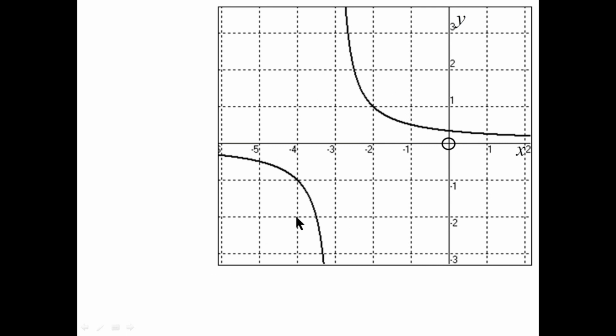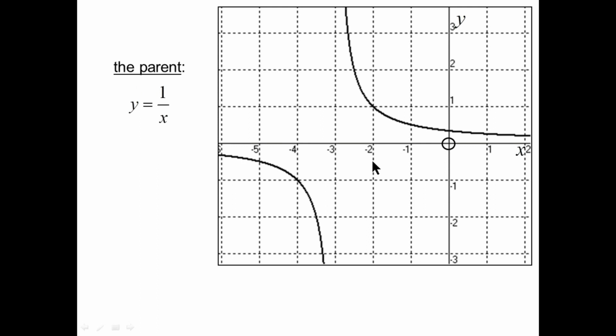We recognize the parent. The parent is the 1 over x function. But we notice that the asymptote used to be the y-axis. It's been shifted over to x equals negative 3. It's been shifted to the left 3 units. So the parent function gets shifted to the left 3 units. Not up nor down, because the x-axis is still the horizontal asymptote.